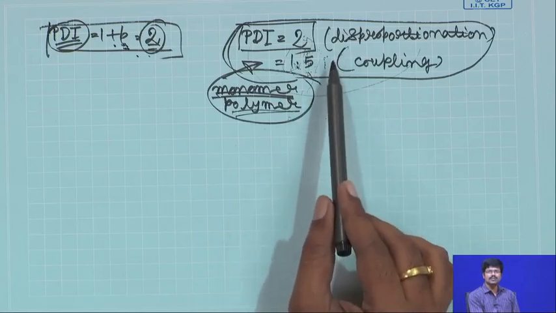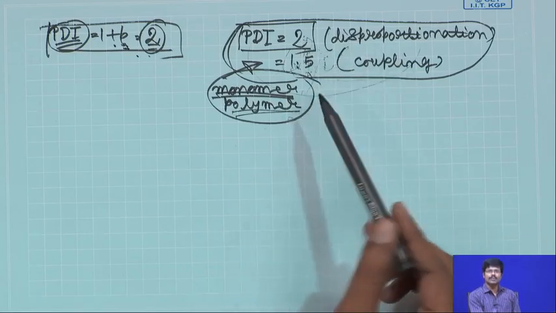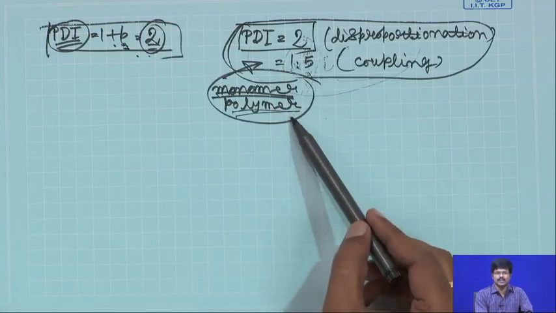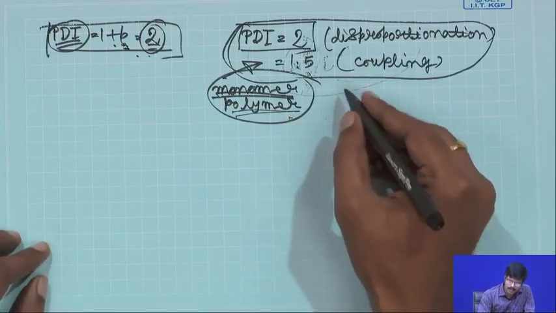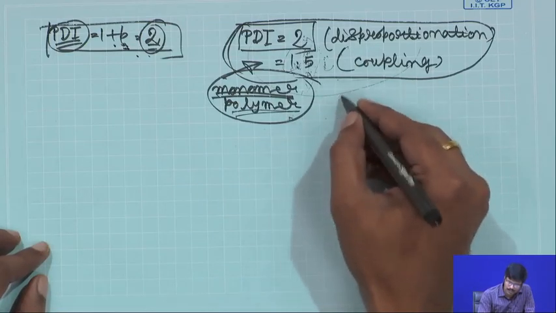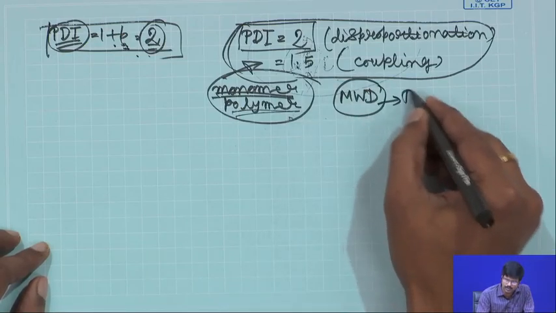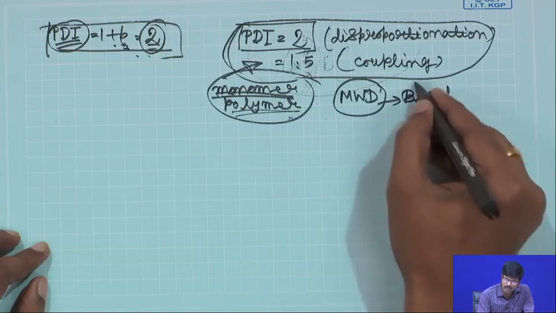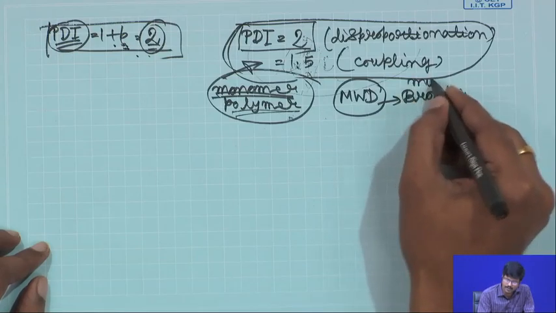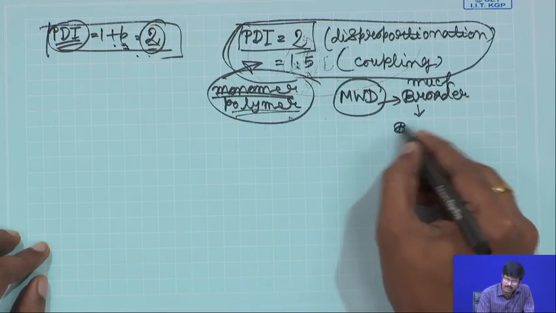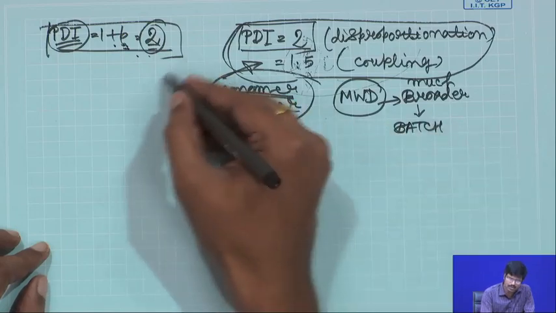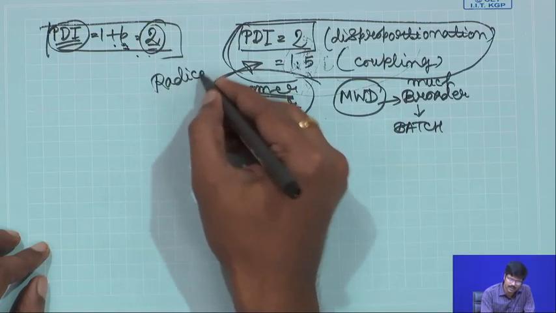This only tells you the ideal limit, because in a batch reactor these concentrations are changing. So, ultimately the molecular weight distribution that you will get will be much broader when you are doing the reaction in a batch reactor, and here we are talking about free radical chain polymerization.